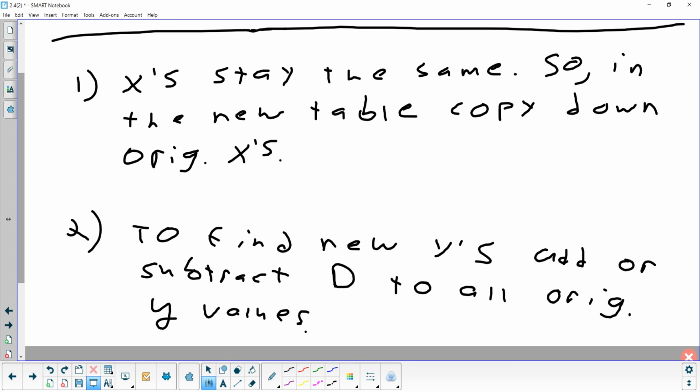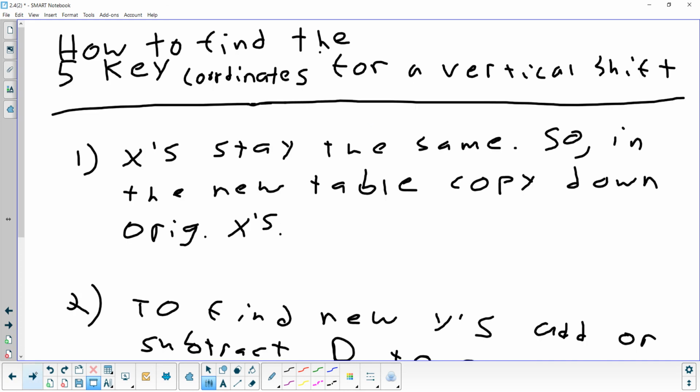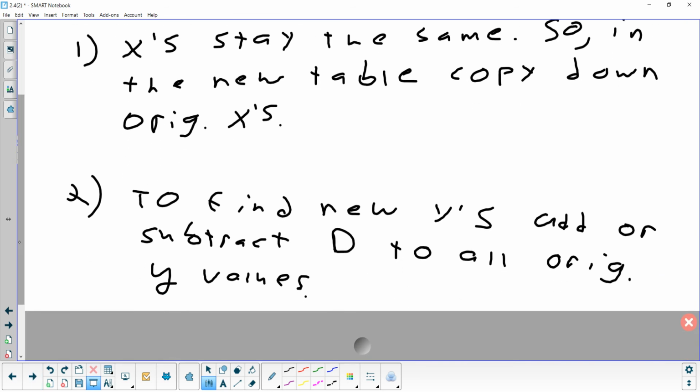And I use d because that's what I use to explain it right here. So if you see a plus 2, you're going to do plus 2 to all the y values. If you see a minus 3, you're going to do a minus 3 to all the y values. Don't do the opposite. People always mix that up, but I don't know how to say it any clearer.